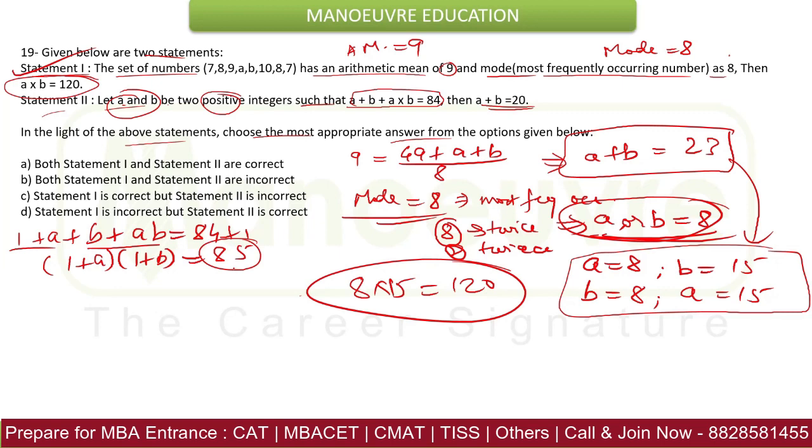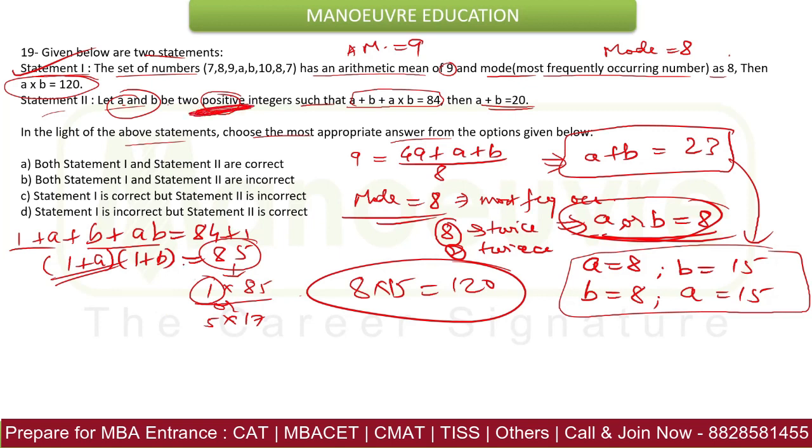Now the factors of 85 will be either 1 into 85, or 5 into 17. But if we take this 1 as the factor and equate it with 1 plus A or 1 plus B, then A or B does not remain positive.